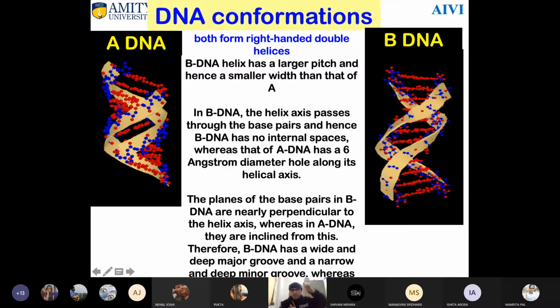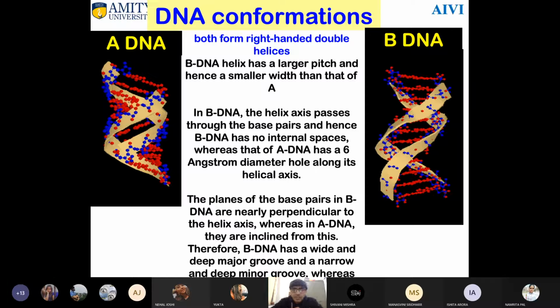This is B DNA, and A DNA is simply what we did in the B form: we just squeeze it. Like a spring, if you press the spring, you change the conformation from B to A. When you press it, the distance is reduced, and the number of nucleotides per turn changes. The diameter also changes, and the pitch also changes. That's why these forms are different.